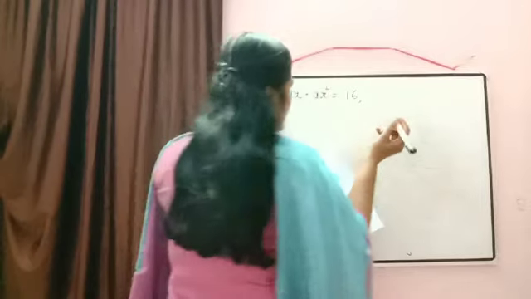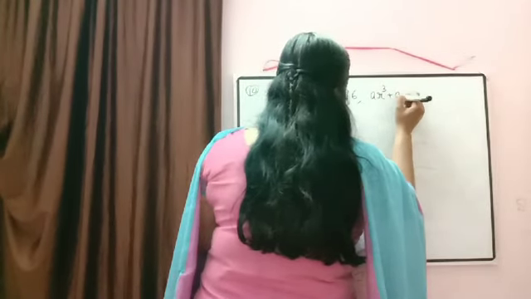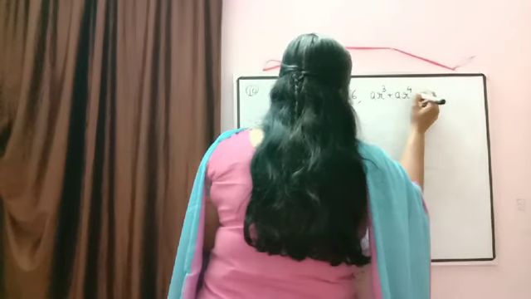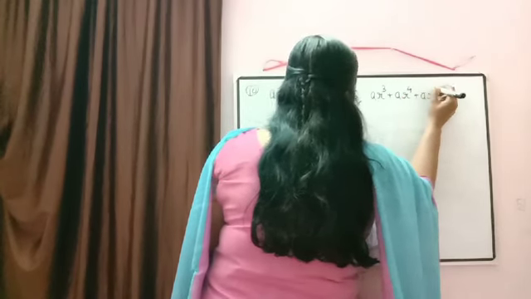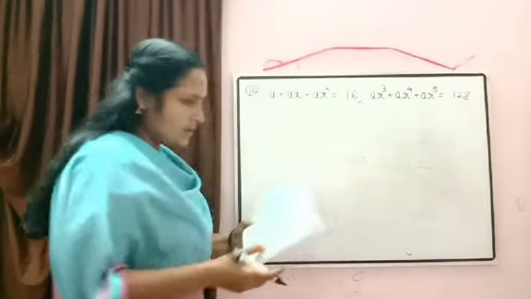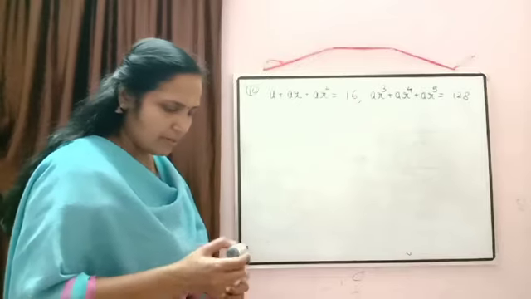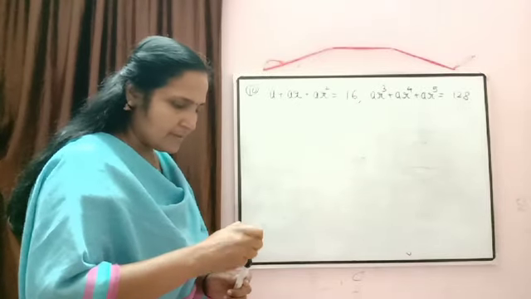And sum of next three terms: AR³ + AR⁴ + AR⁵ is equal to 128. Question is, find the first term, the common ratio and sum of n terms.